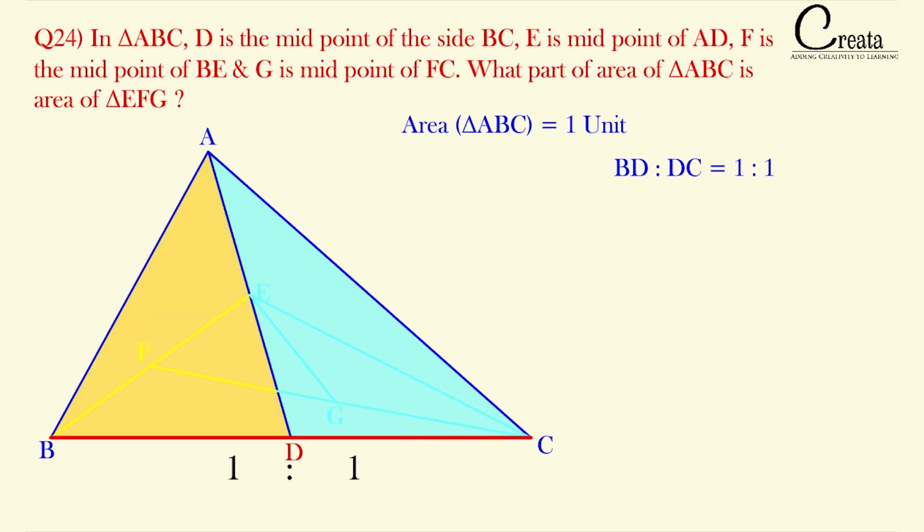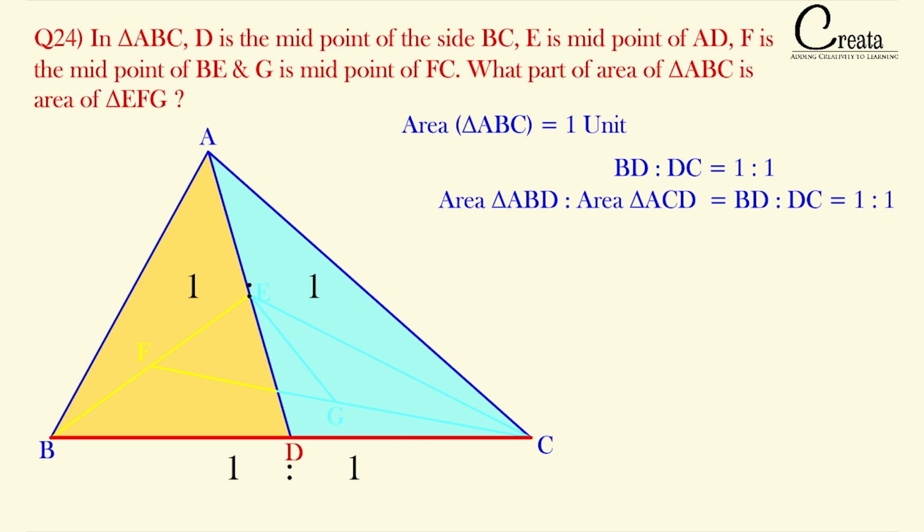And just now we have seen the fundamental, that is the ratio of area of two triangles having the same height is equal to ratio of their bases. Okay, the same case will be applicable here also. So we got the ratio of area of triangle ABD is to the area of triangle ACD is equal to BD is to DC. And we have got BD is to DC is equal to 1:1.